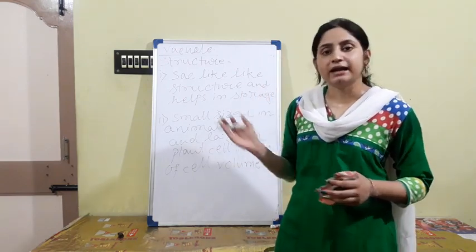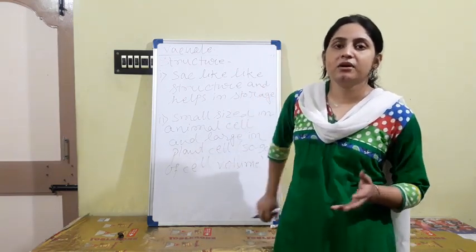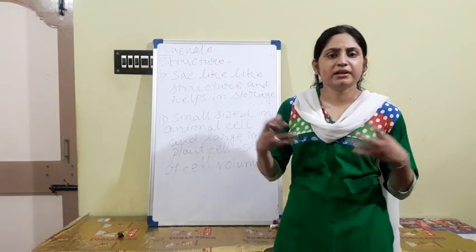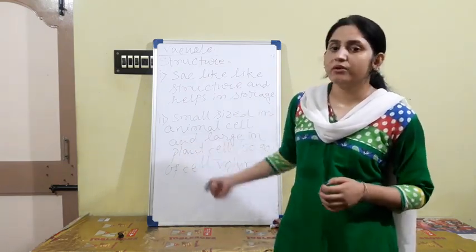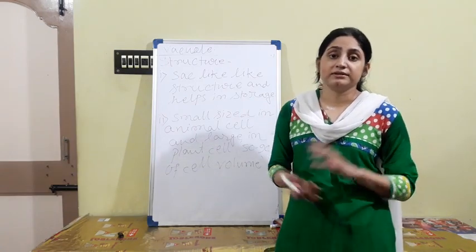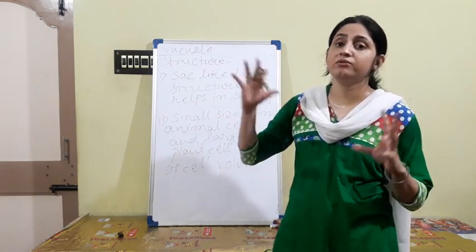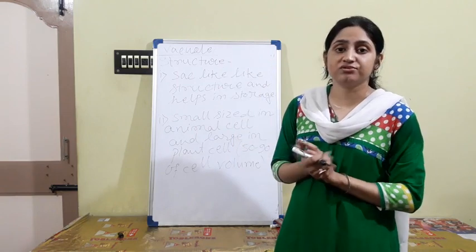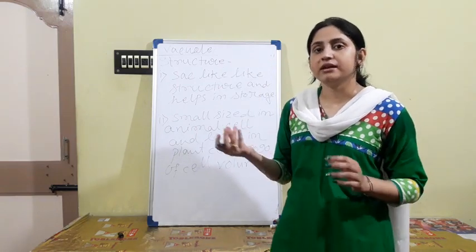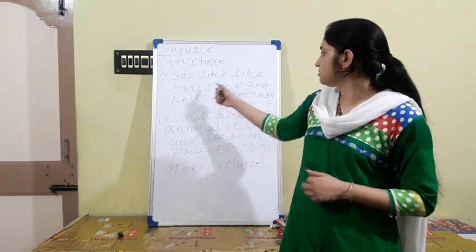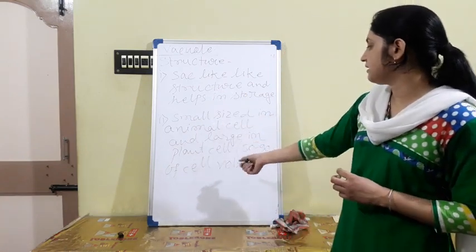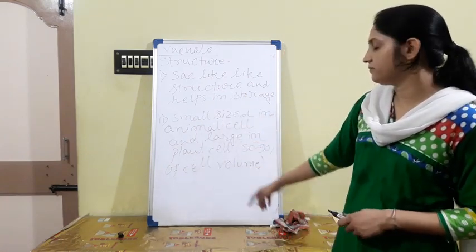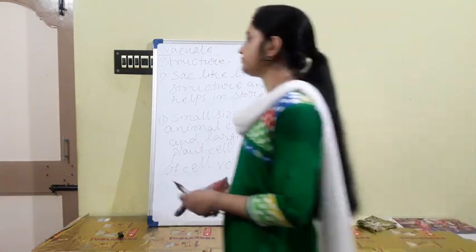They are sac-like structures and help to store the cell sap or any type of materials that is important for the plants. In plant cells the vacuoles are very large, they contain 50 to 90% of the total cell volume. Okay, and they are small in animal cell.